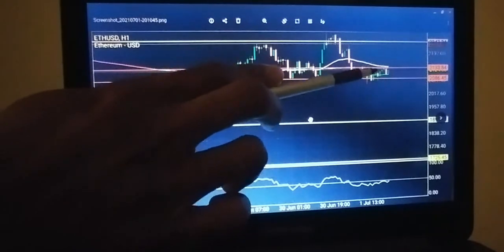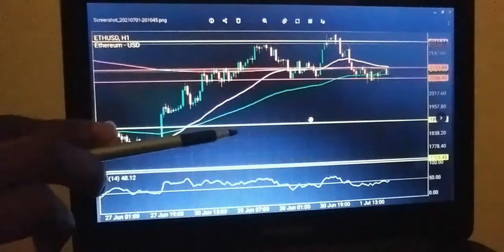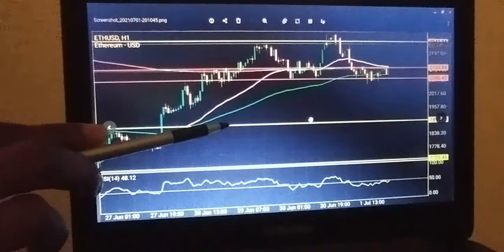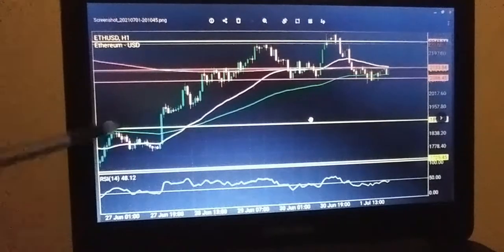It was what happens once it breaks out of these levels. It could break out of here and make a higher high, or it could break down below this level and tumble down to this support level that I have drawn here, which is based on a previous higher high at the formation of an uptrend.